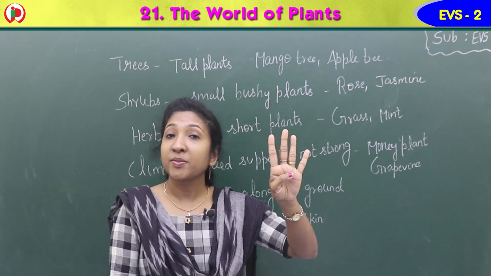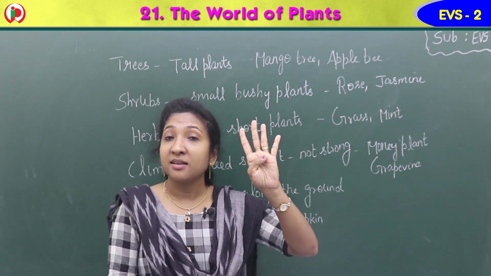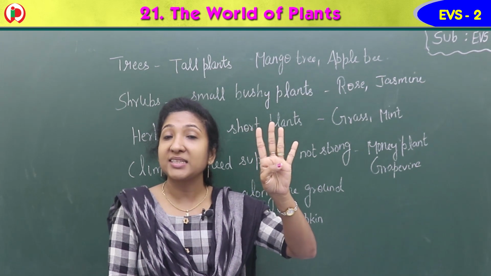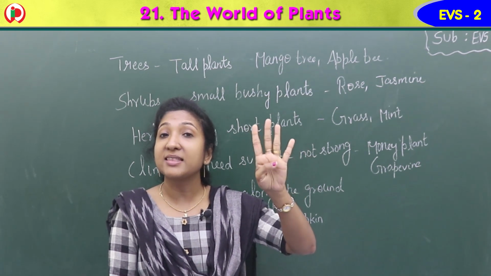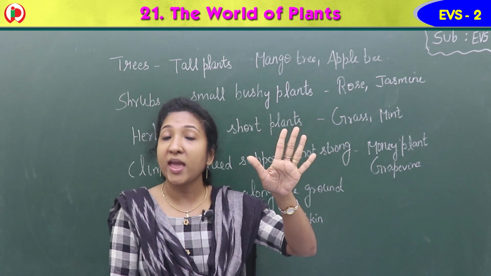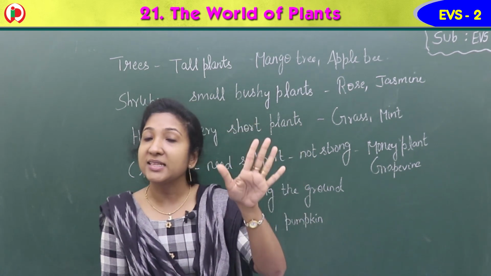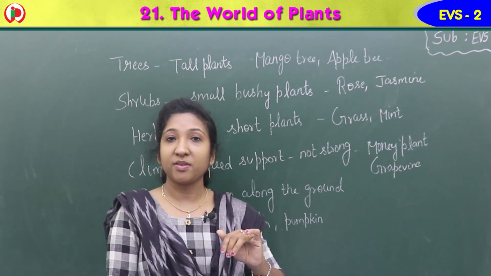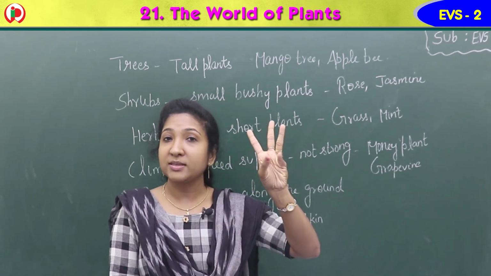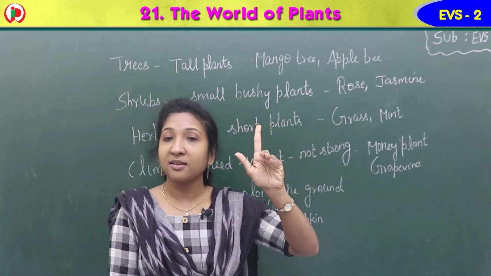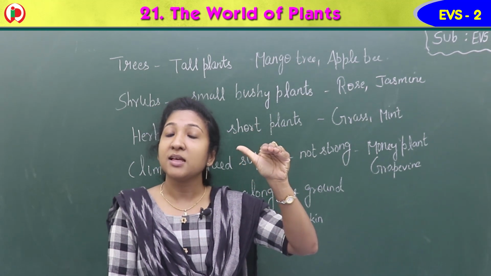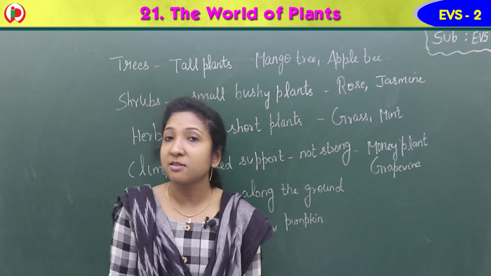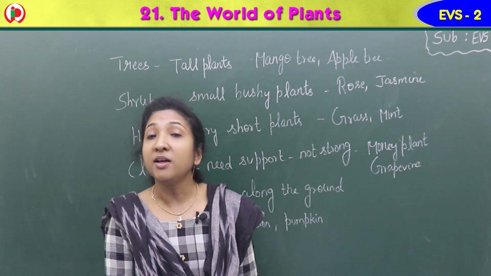Then the hard woody thing in the tree, it is stem, S-T-E-M, stem, or we can say trunk, T-R-U-N-K, trunk. So these are the 5 main parts of a tree, isn't it? Roots, fruits, leaves, branches, then stem or trunk are the main 5 parts of a tree or parts of a plant.